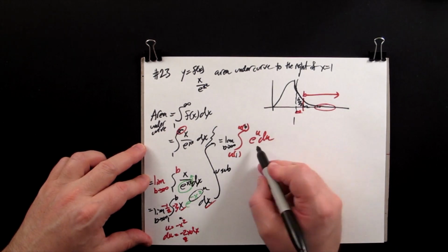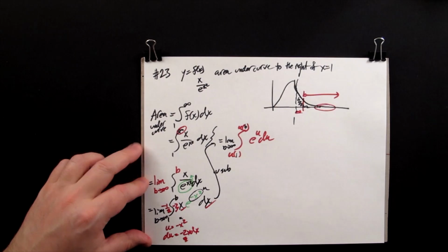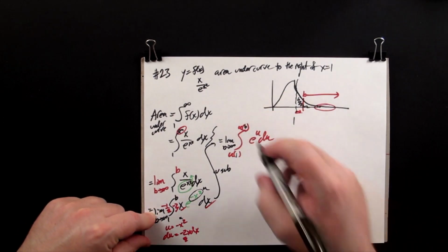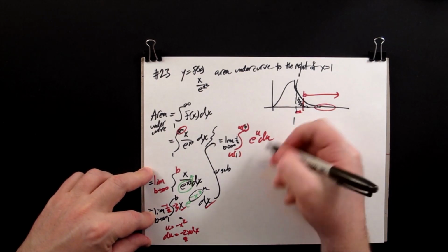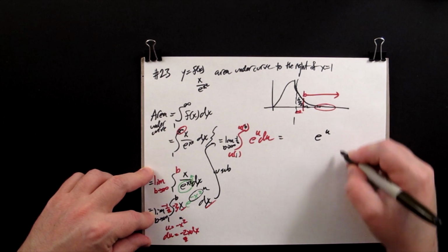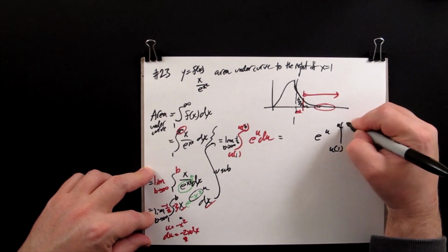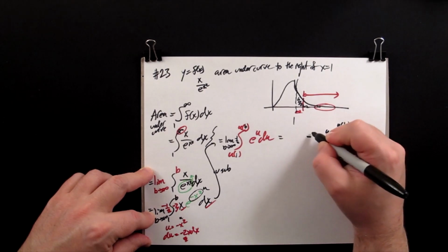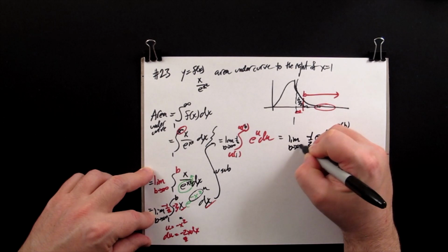Okay, the u sub was successful, so drop the minus half right there. The u sub worked, so we find the antiderivative of that, that's just e to the u, but now we have to plug these in. And we have the minus half here, limit as b goes to infinity.